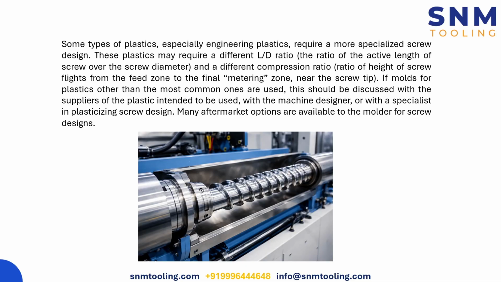So, for example, if we talk about PA6 or nylon with glass fiber, or calcium filled polypropylene, or polymers or plastics with masterbatch with flame retardants, we usually prefer a screw which is wear resistant as well as corrosion resistant.